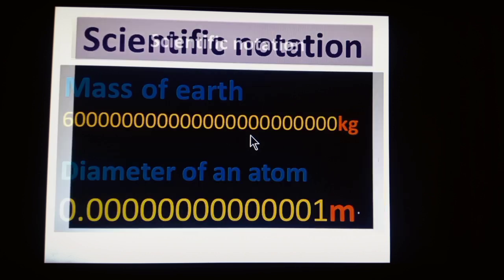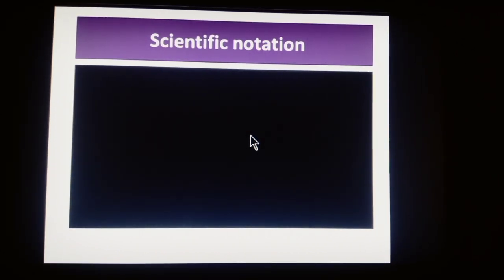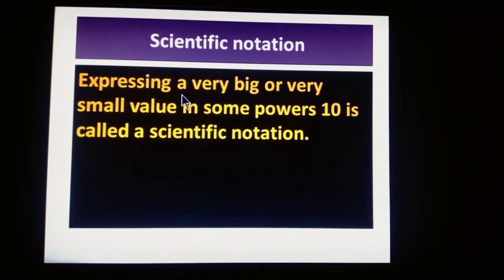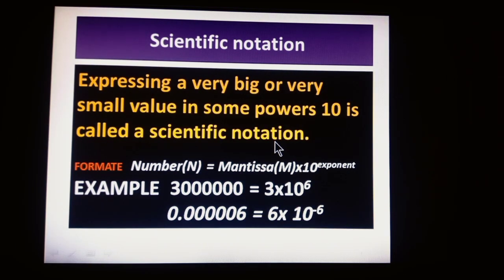What is scientific notation? Students, expressing a very big or very small value in some power of 10 is called scientific notation. What is the format in which we write a number in scientific notation?